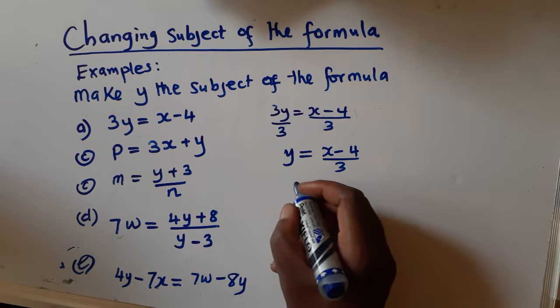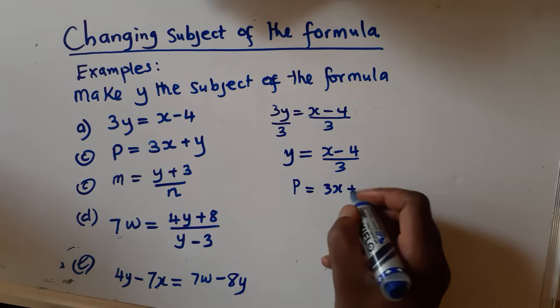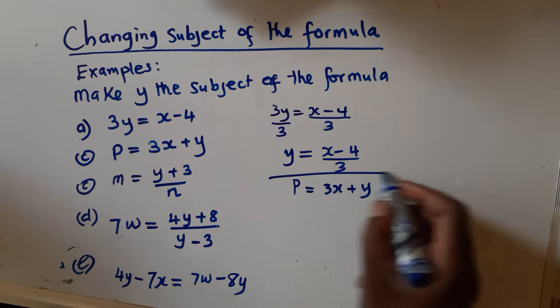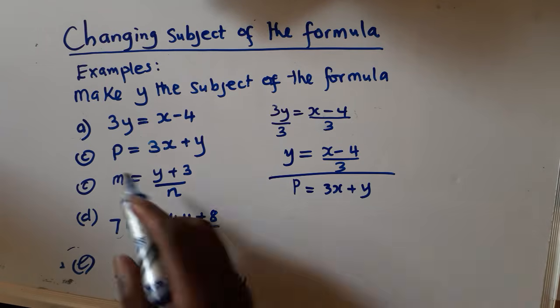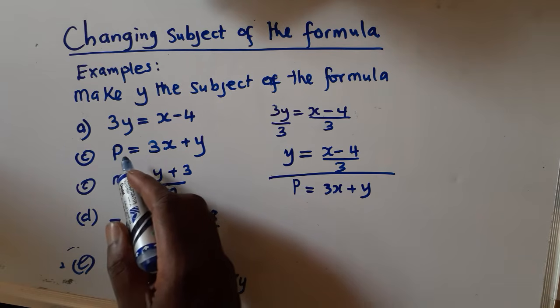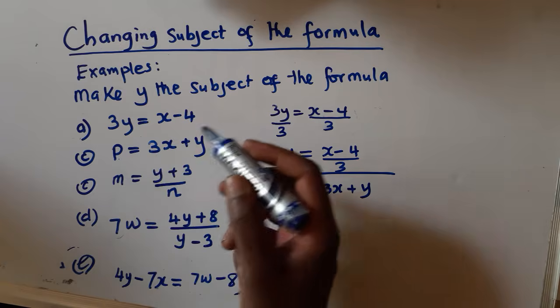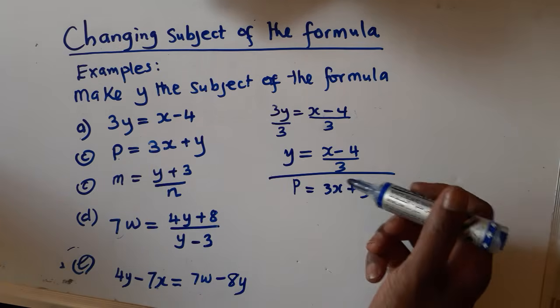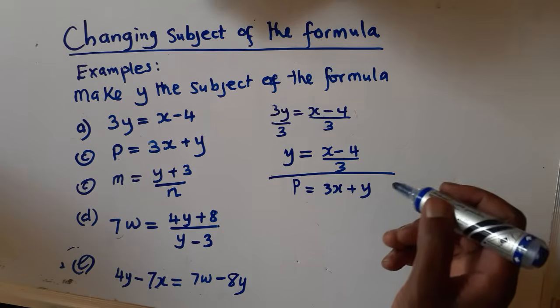We have the second one, which is p is equal to 3x plus y. In the second example, the subject of the formula is p. So we want to get rid of this and now have what? P. We want to have p as the subject of the formula.